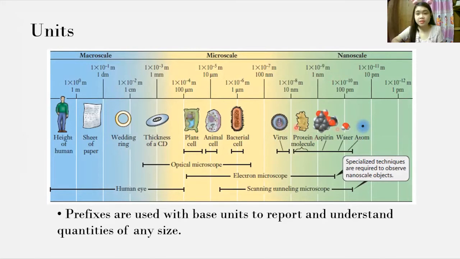Examples for this are if you measure virus, protein, molecule, water molecule, or even the atom, which is very, very small. So yes, this is the range of different types of the SI prefixes that you will be using. So yes, that's it.